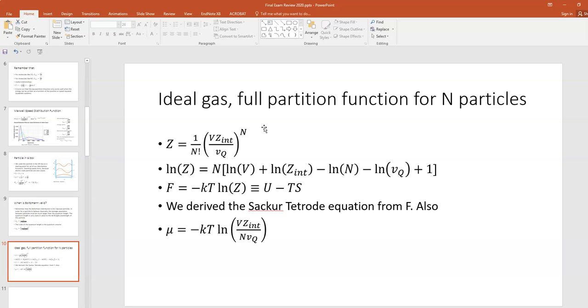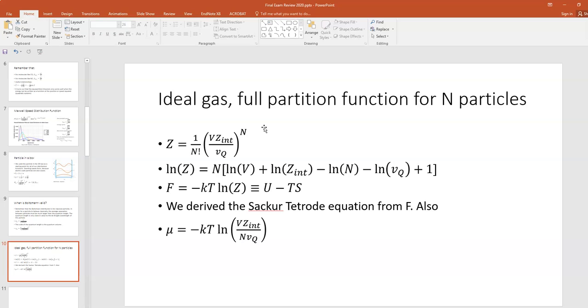And, of course, F is defined as U, the internal energy, minus TS. And so what we did here was we used that log of Z expression, okay, and then we found the free energy. And then we used the definition of the free energy, U minus TS, to derive the Sackur-Tetrode equation, okay.